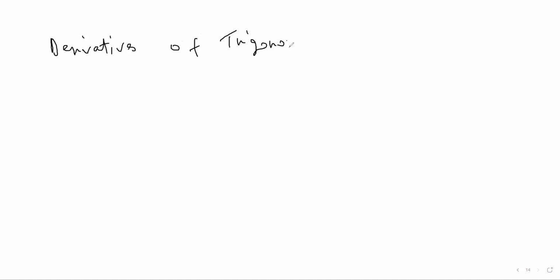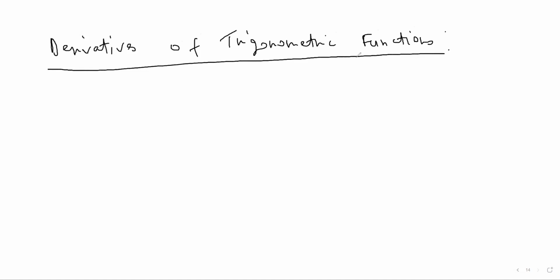These are the derivatives of trigonometric functions, and you will get them in the formula sheet. Let's start with number one: the derivative of sin x is cos x.